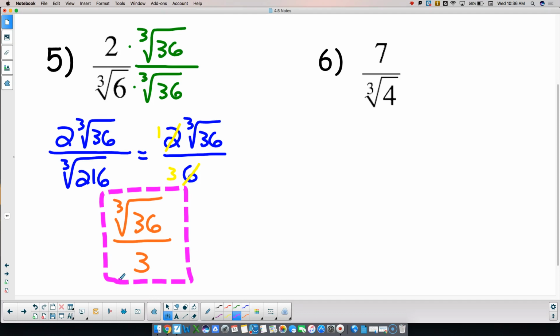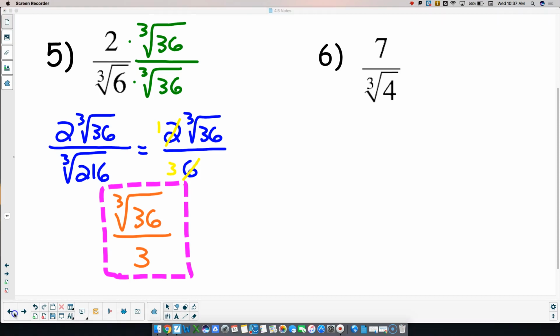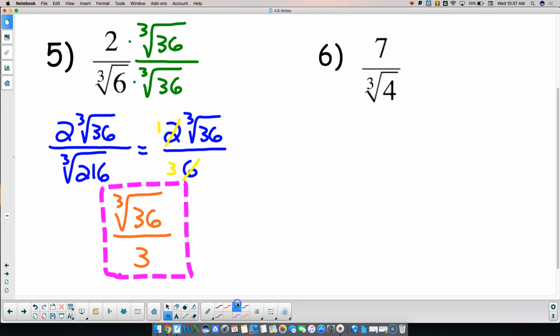What I'd like you to do now is try number 6. I'm guessing, just guessing here, that most of you chose to multiply by the cube root of 16 over the cube root of 16. Anybody choose that method? Okay, all right. And that's fine.